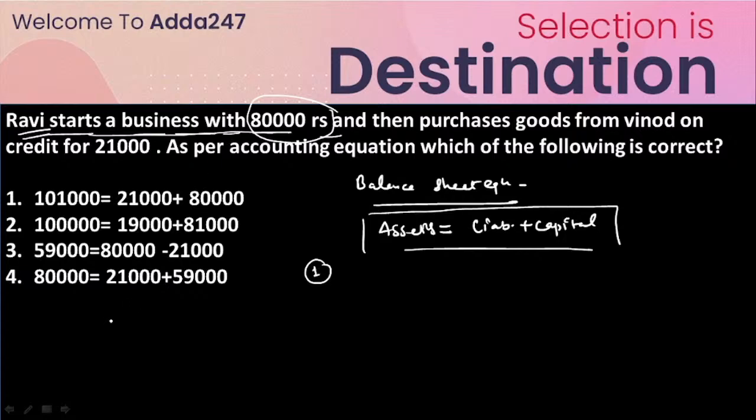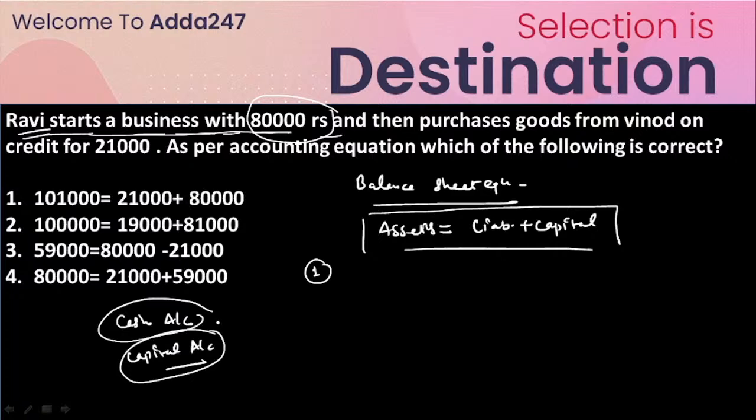If Ravi is starting a business with 80,000 rupees, that means two types of accounts are included, the cash account as well as the capital account. This 80,000 rupees would be cash for Ravi as well as capital for the business.